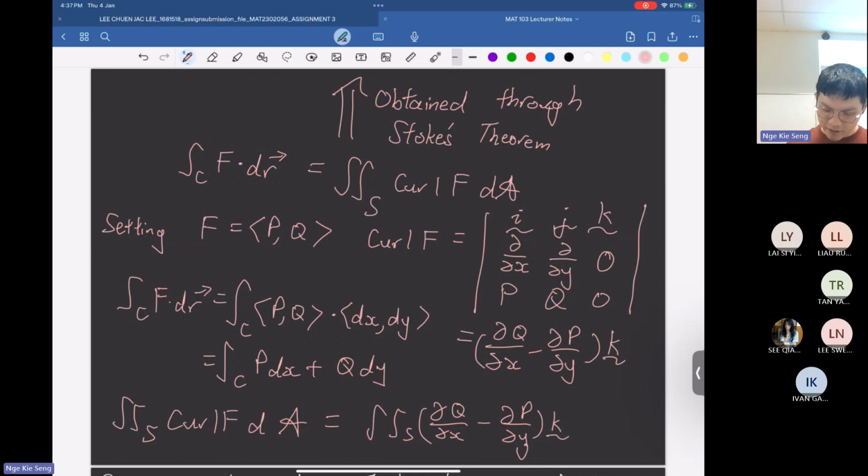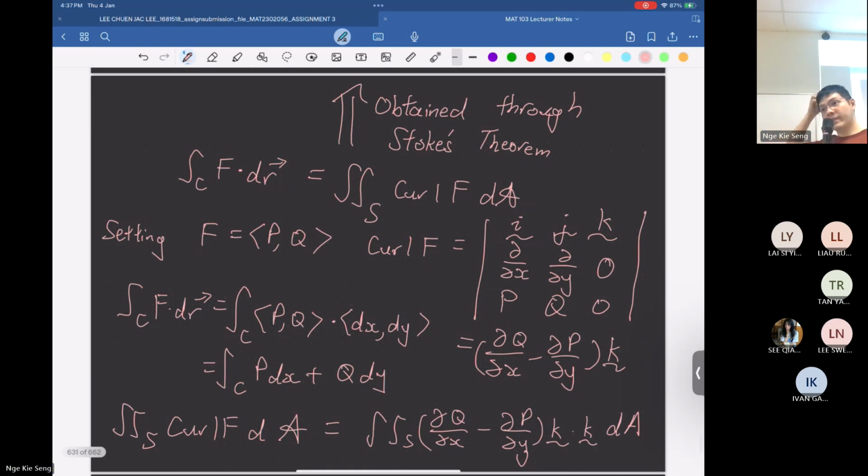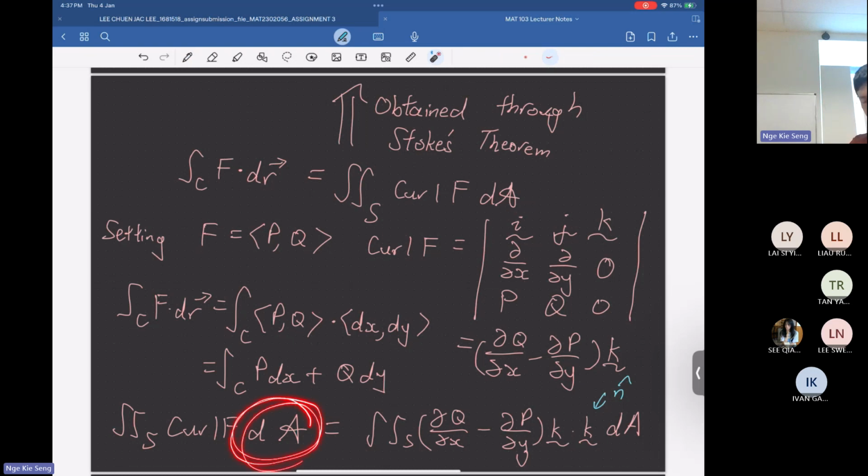But the k here should cancel with the other k coming from your surface, the n hat that I mentioned just now. Because they are all unit length one, when you dot together, you just get one. So the other k pops out from this dA here. This is where the n hat is doing the job.